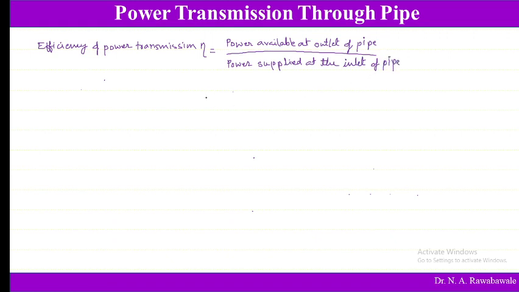Therefore, power available at outlet we can call weight into head. So weight per second, the weight flow rate of liquid, weight of liquid per second into head available at outlet.